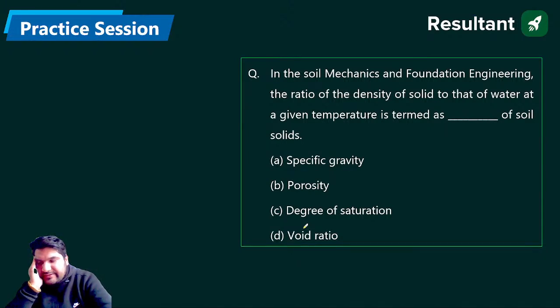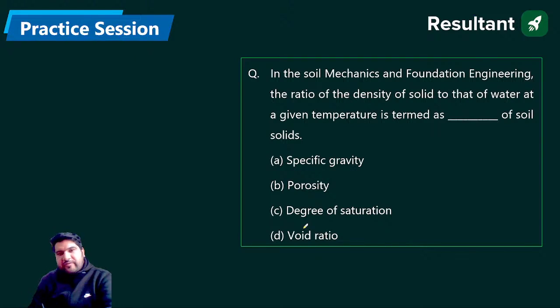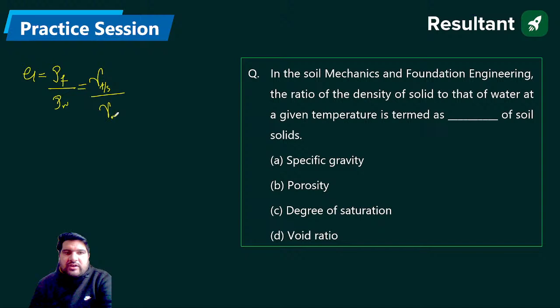If we are looking for the specific gravity definition, that is denoted by G, which is simply equal to density of the fluid or substance with respect to density of the water, or the unit weight of the fluid or substance with respect to the unit weight of the water. So the ratio of density of the soil solids to that of the water is simply termed as specific gravity. This is a relative term, a ratio, so no unit. Sir, G has no unit. Absolutely correct.